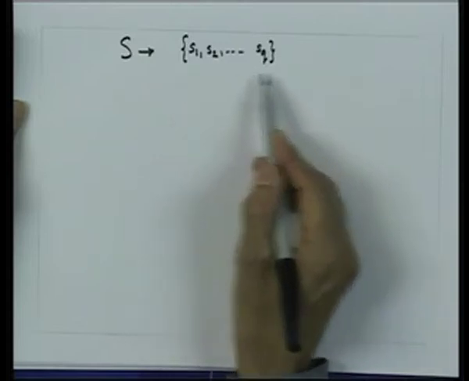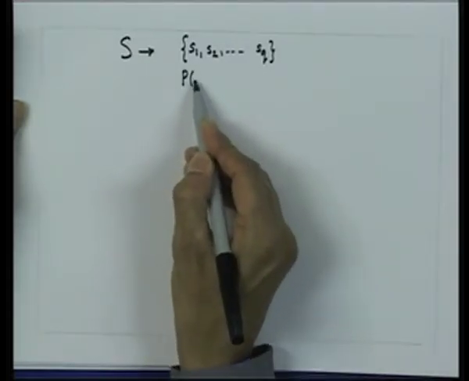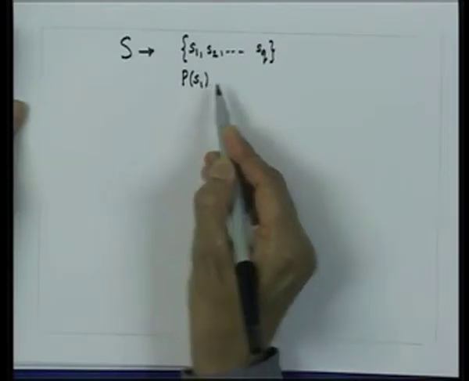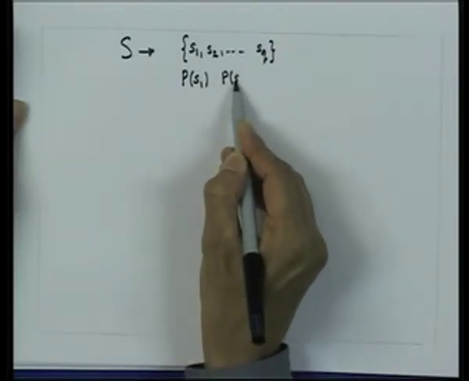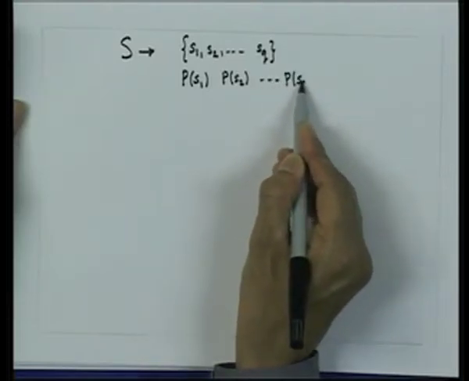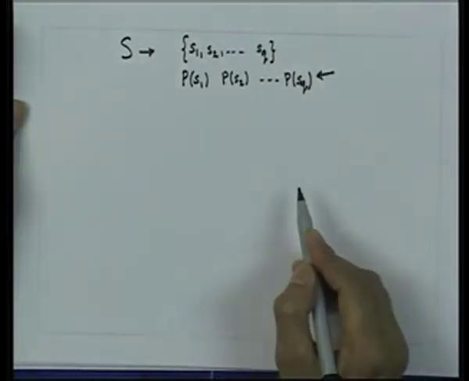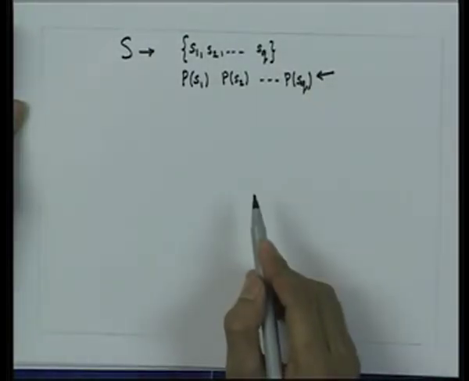That means unconditional probabilities I can find out. What I mean by that, I am interested in finding out P of S1, P of S2 and P of SQ. These are known as unconditional symbol probabilities.